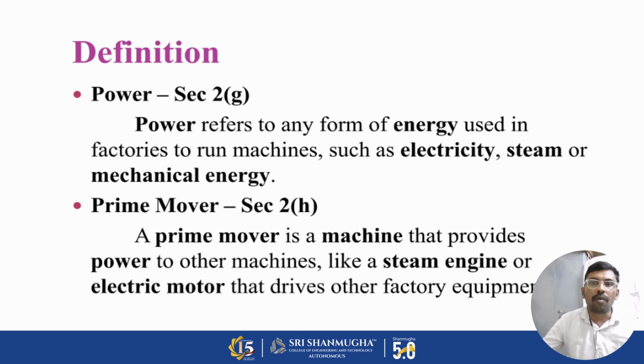It refers to any form of energy used in factories to run the machines, such as electricity, steam, mechanical energy, or wind. Then, prime mover: a prime mover is a machine that provides the power to the machines, like a steam engine or electric motor that drives the other factory equipment. It comes under Section 2(h).